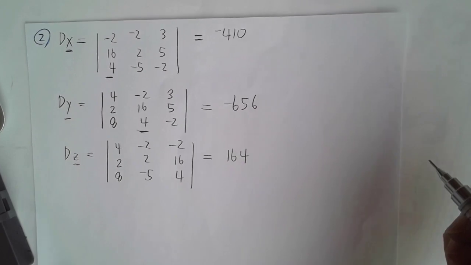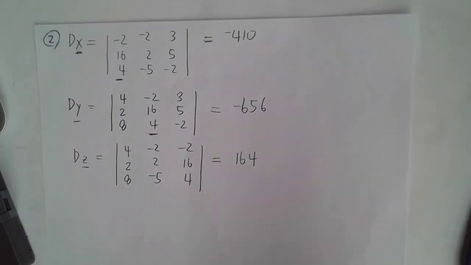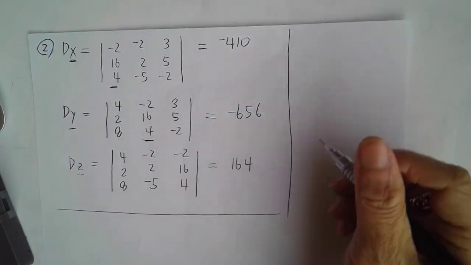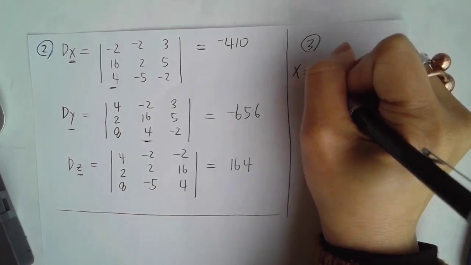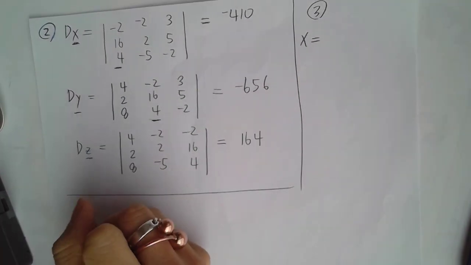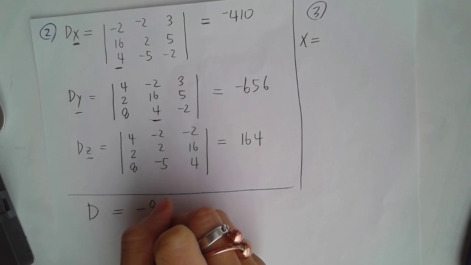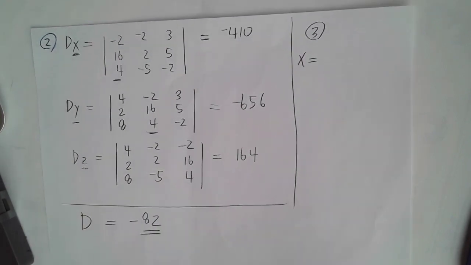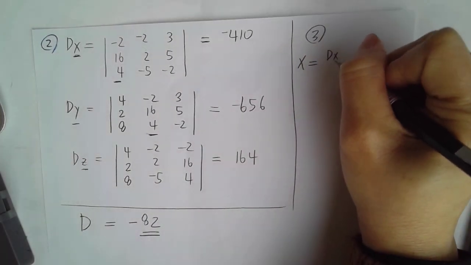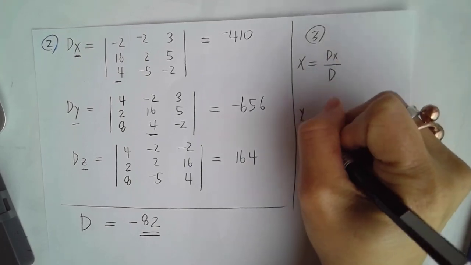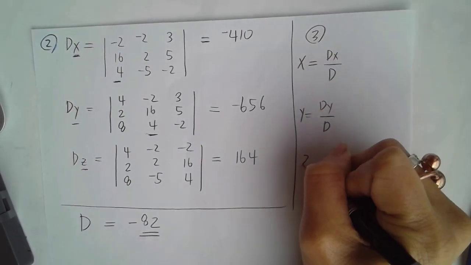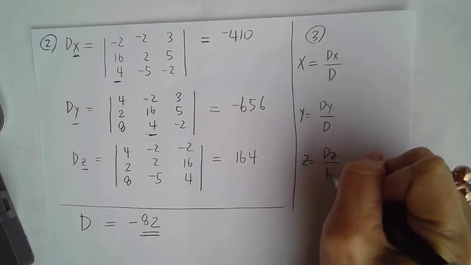Now, let's go to our third step. What is our third step? Our third step is to use all this, right? Also remember, d was equal to -82. We calculated that on the other sheet. So x equals d sub x over d, y equals d sub y over d, z equals d sub z over d.